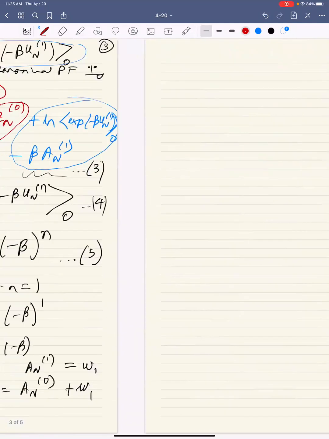So we take exponential of both sides of equation 5. What does that give us? That gives us exp of minus beta an1, and I'm dangling this n for no reason because it's n everywhere.